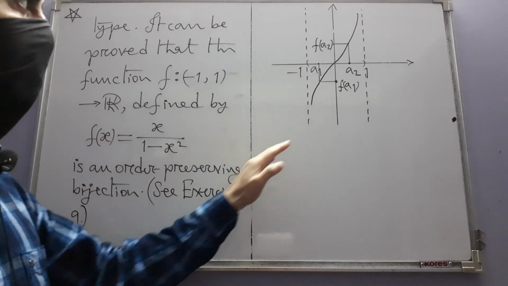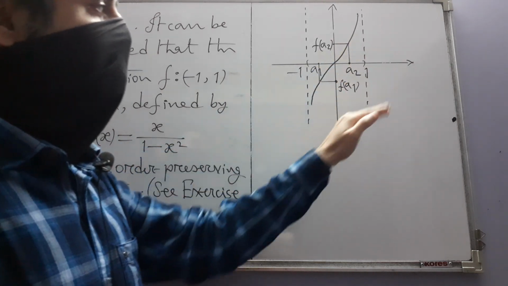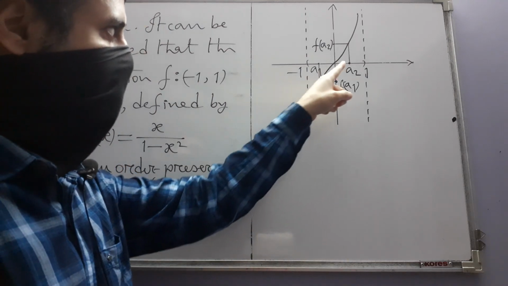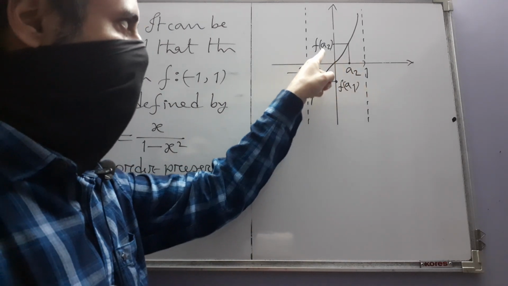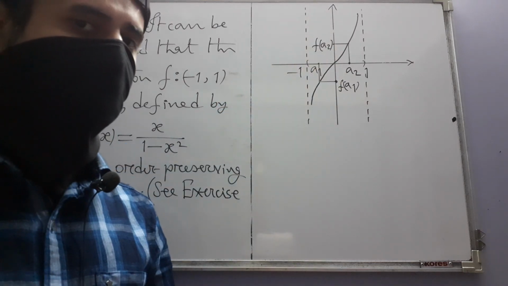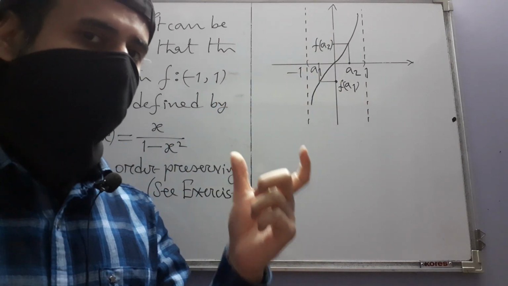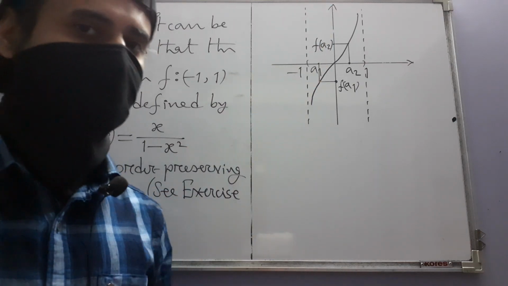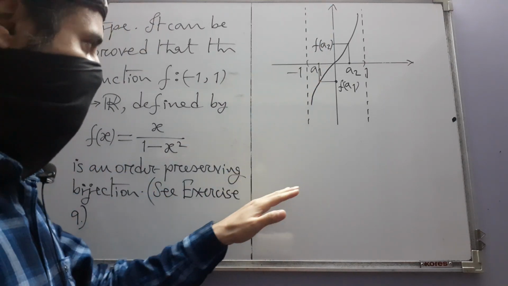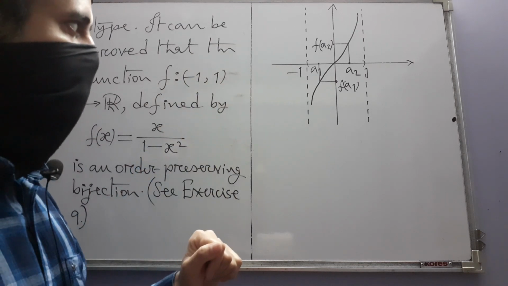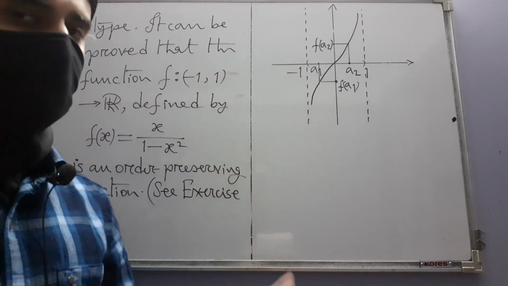Moreover, its increasing nature tells us that it will be 1 to 1. For any point on the real line, there cannot be two inputs for which it's an output. That comes from the increasing nature of the function. And at the same time, it's onto as well. You can see from the graph.